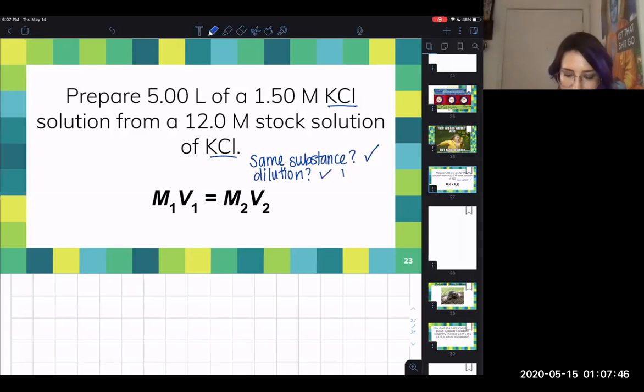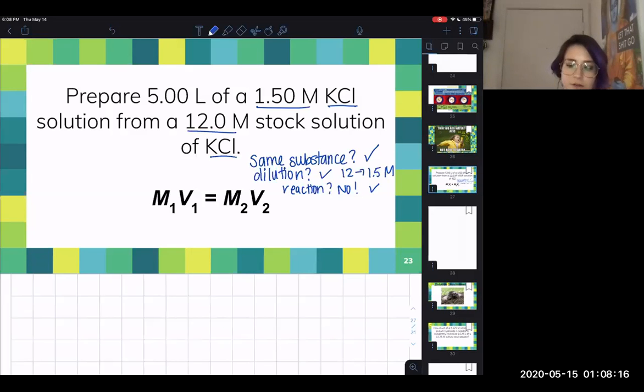Yes, because I'm going from 12 to 1.5 molar. And I can just read the question. It says if you start with 12 and you're going to go to 1.5, that's getting more dilute. That's a dilution. Do you need a reaction? No. So that's good. That means you can use this equation. What's the other one? Do you need a mole ratio? No, because you have the same substance.